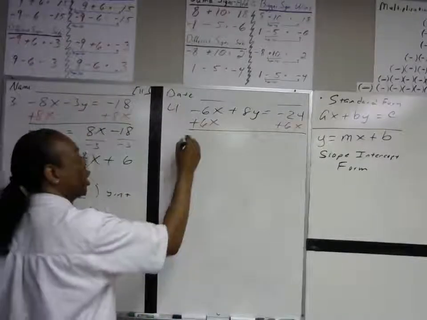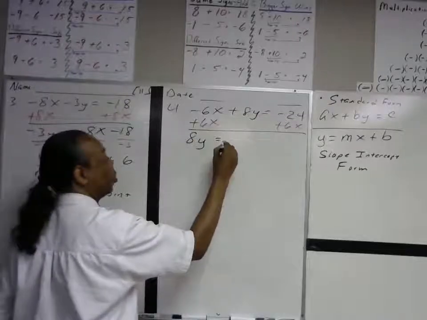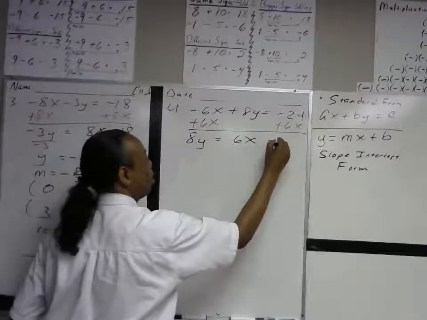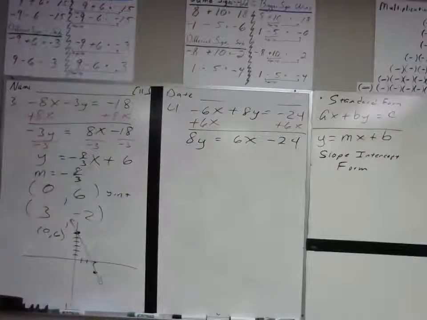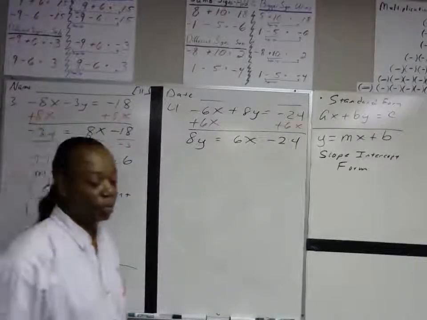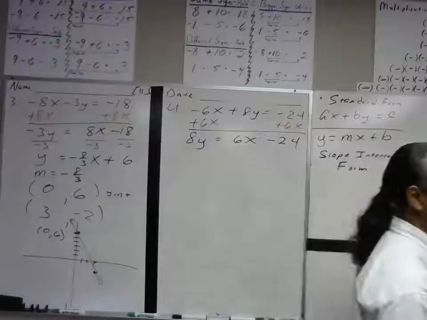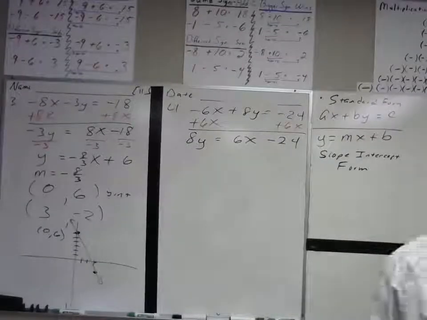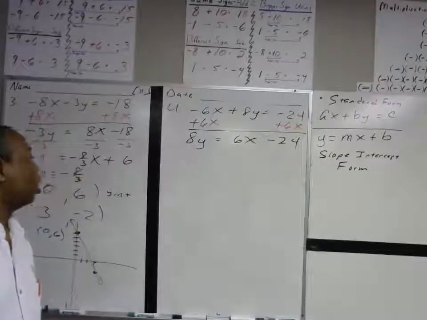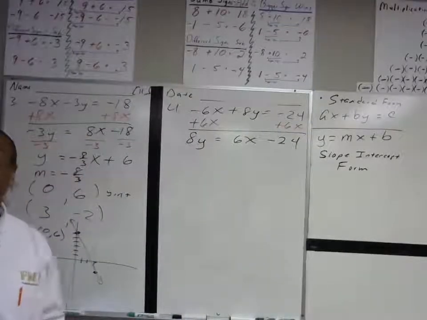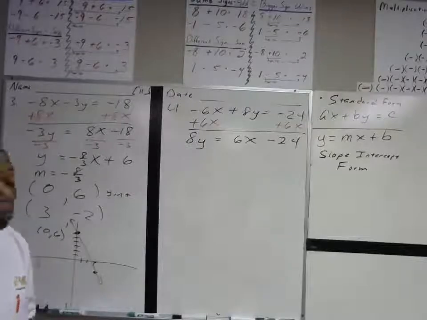As a result, we're going to get 8y equals 6x minus 24. From here, we're going to divide everything by positive 8.